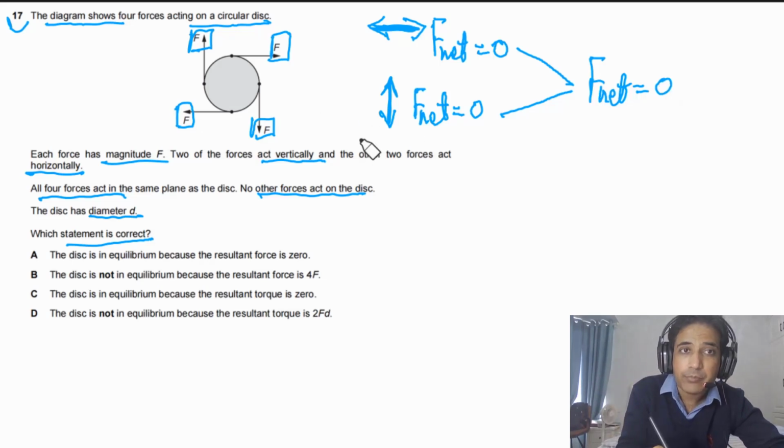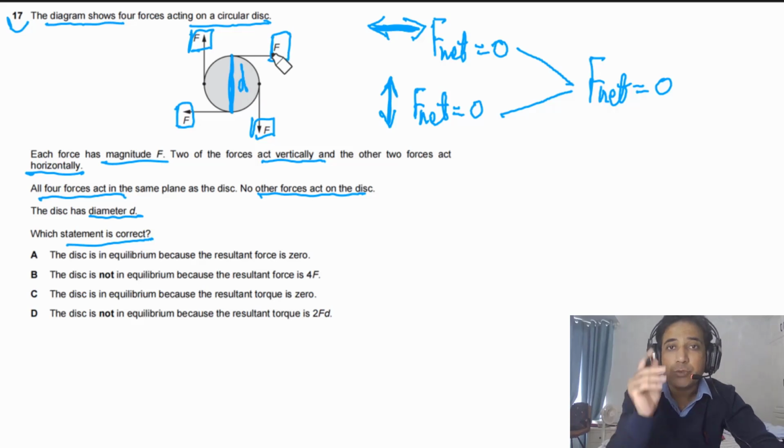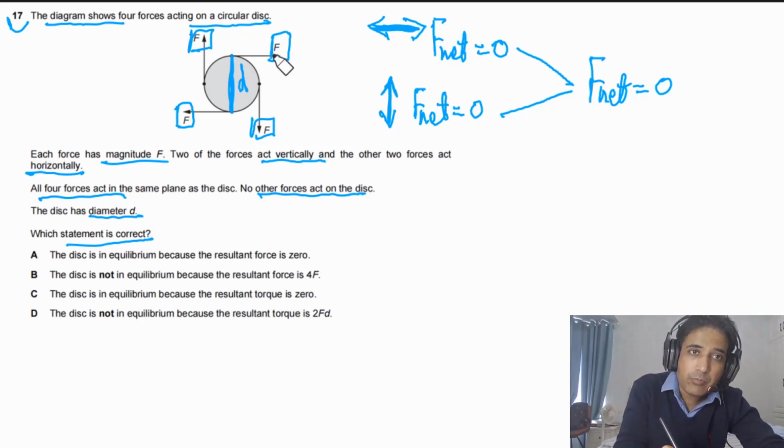Now we need to look at the moment. First of all, we have these two horizontal forces, and the distance between them is equal to d. These two forces form a couple because they have the same magnitude of force and are acting in opposite directions. The moment due to these two forces will be clockwise.